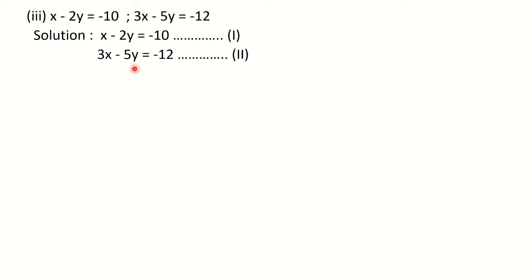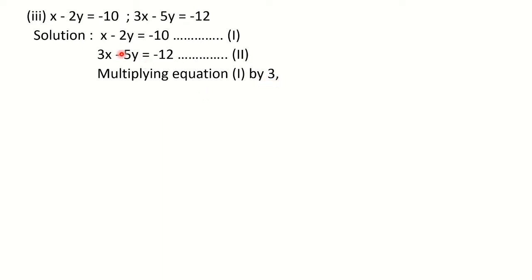Instead, here the coefficient of x is 1 and if we multiply equation 1 by 3, then these two coefficients of x will become equal. So for equating the coefficients, let us multiply equation 1 by 3. Write down multiplying equation 1 by 3.